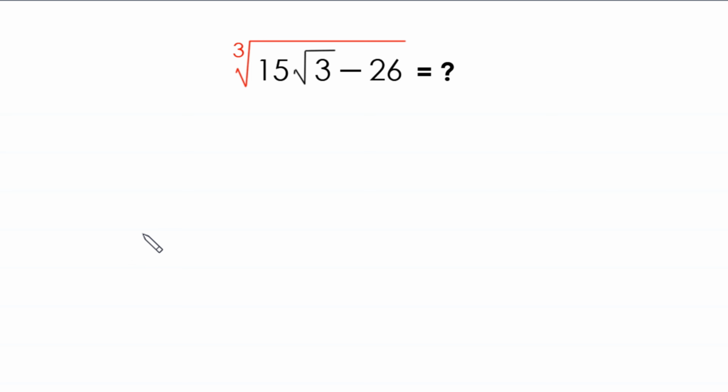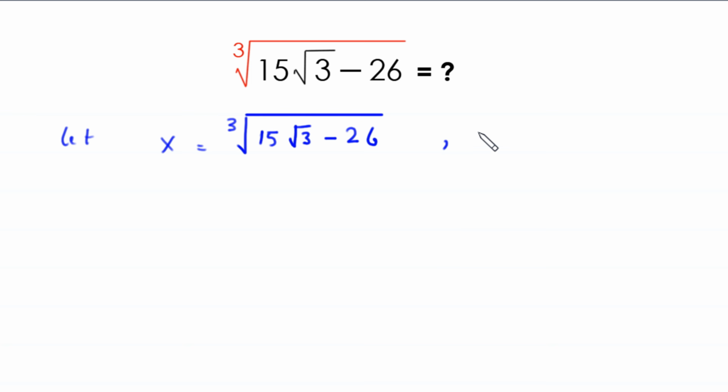Hello everyone, welcome to how to simplify this very nice expression: the cube root of 15 times root 3 minus 26. So let's start. First we suppose that x is equal to this expression, the cube root of 15 times root 3 minus 26.